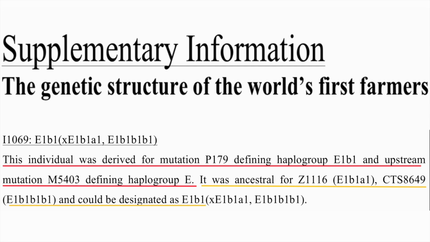It reads, "This individual was derived for mutation P179, defining haplogroup E1B1, and upstream mutation M5403, defining haplogroup E. It was ancestral for Z1116 E1B1A1, CTS8649 E1B1B1B1, and could be designated as E1B1."